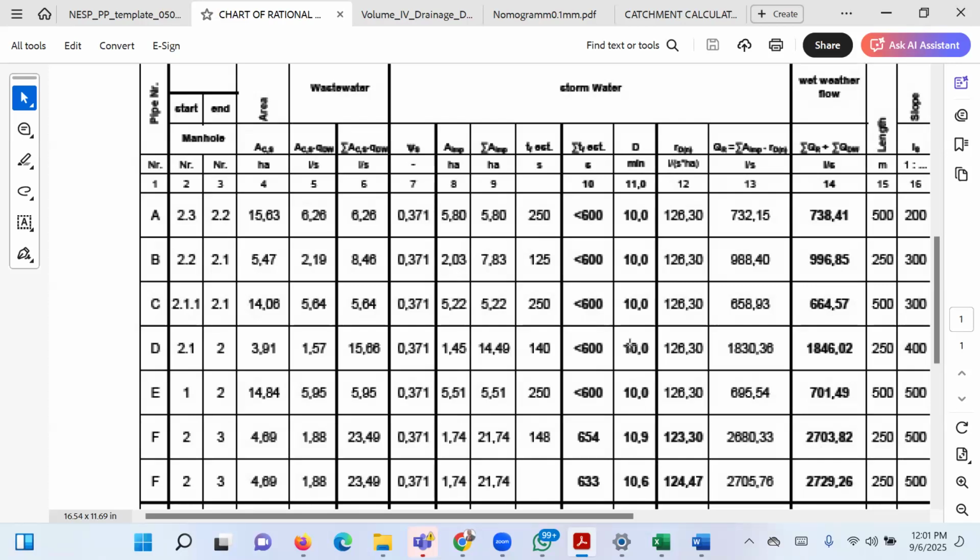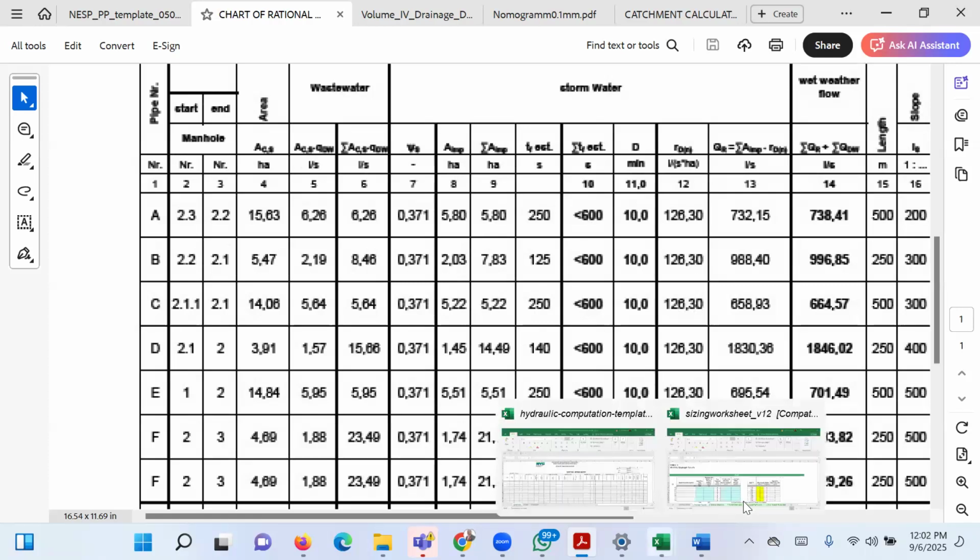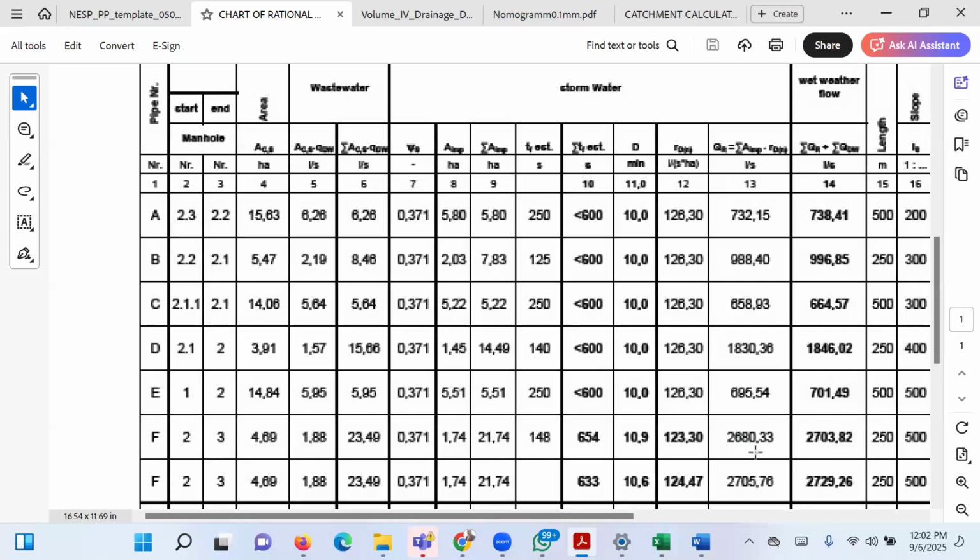It's just for academic purpose, just to tell you that at some point the time of travel is exceeding 10, but we can assume 10. And as it exceeds 10, the frequency is also going towards 126. But all of us know that 126.3, the difference is very minimal.